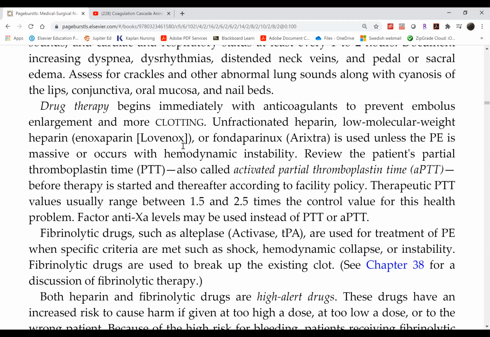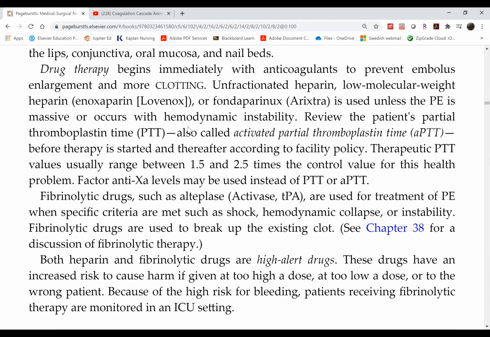All right, so we always start with heparin because if you look at the clotting cascade animation, the fastest way you can anticoagulate somebody is using heparin by stopping thrombin activation. So the moment you give the injection either IV or sub-Q, the patient's prothrombin is not going to be converted to thrombin.